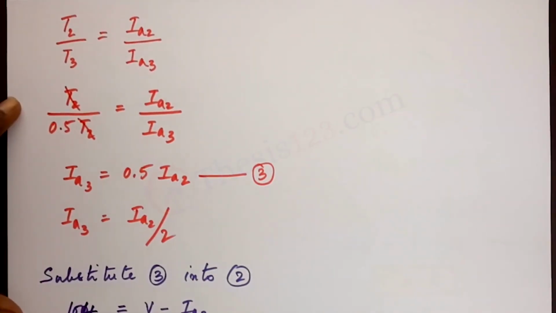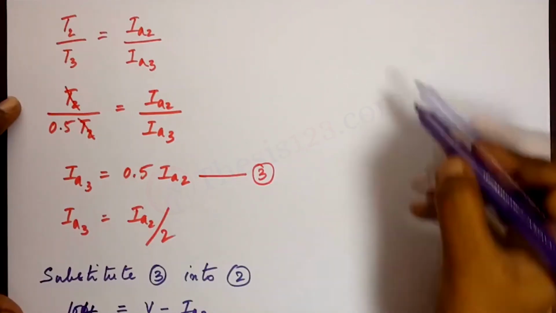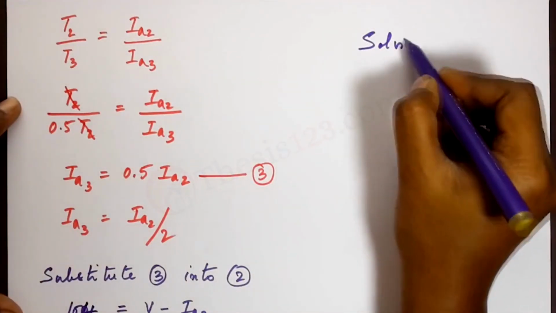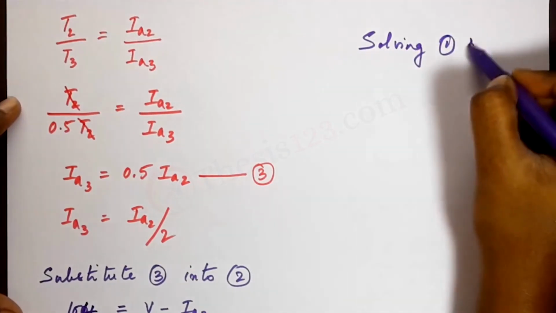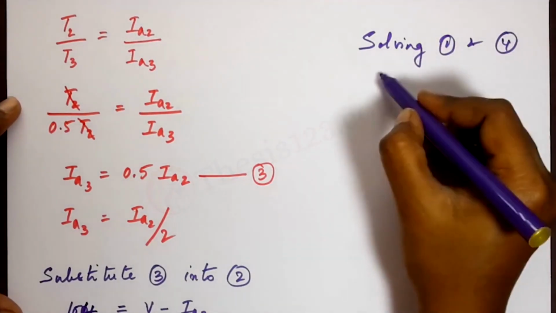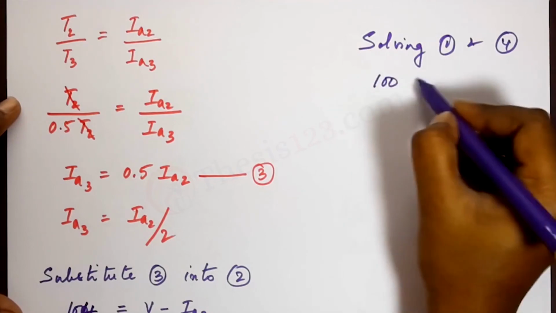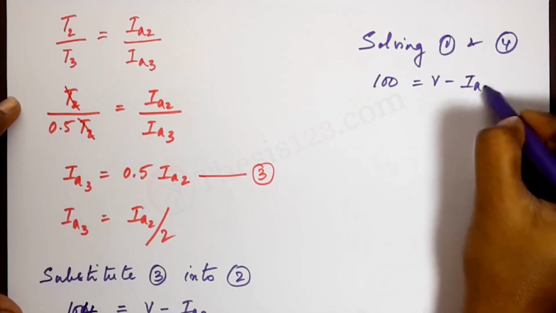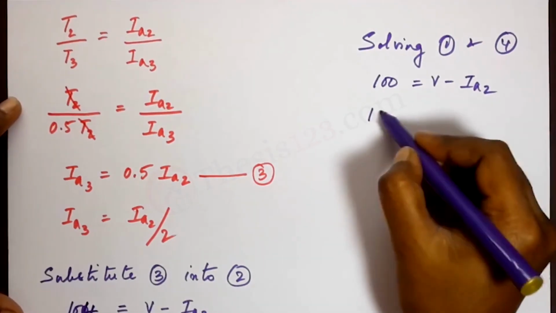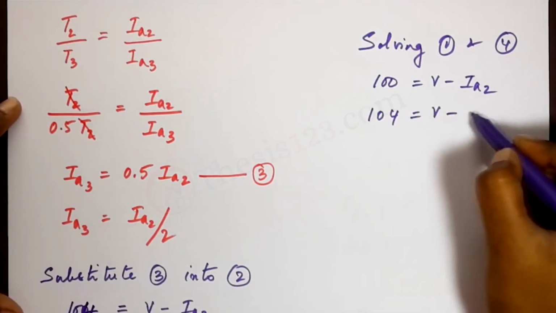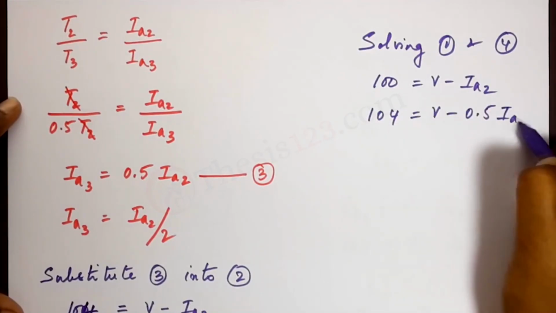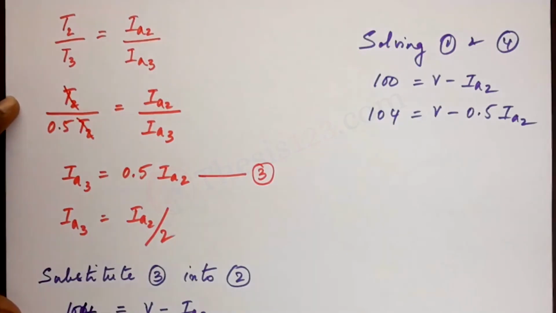Now we have our first equation and the fourth equation in only two unknown variables, V and IA2. So now solving 1 and 4, I'll leave the solving to you. 100 is equal to V minus IA2, that's equation 1. And then 104 is equal to V minus 0.5 IA2, that's equation 4.